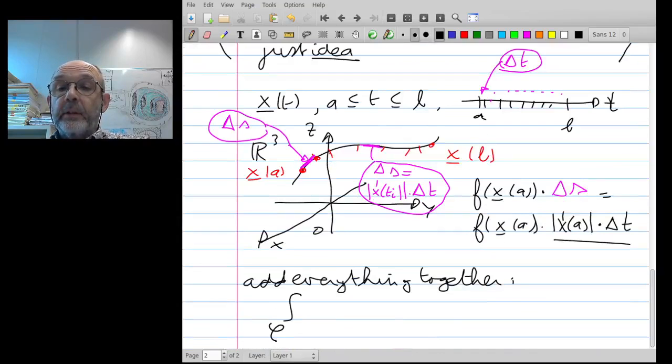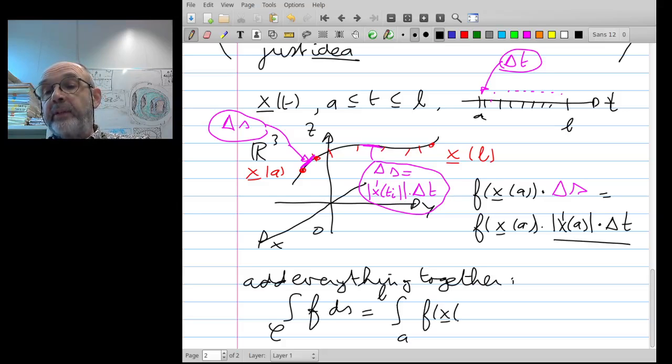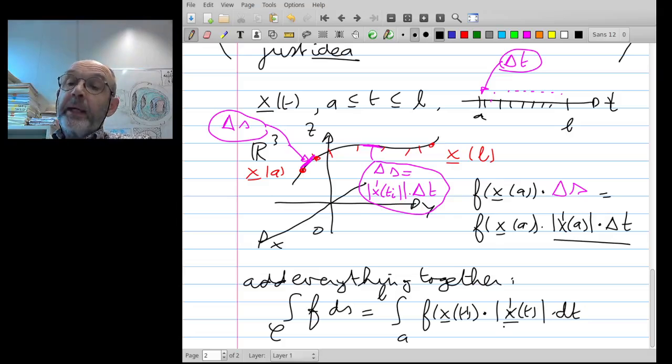If you integrate a function over your line, you get the integral from a to b. Now you fill in everything on your line, and then don't forget to calculate the velocity times dt. And so you have this one here. That is the first step, the line integral.